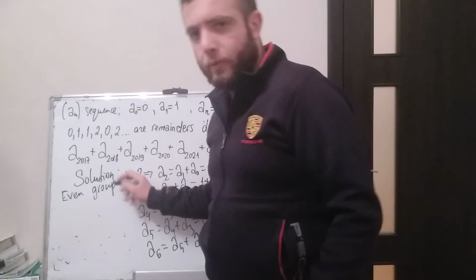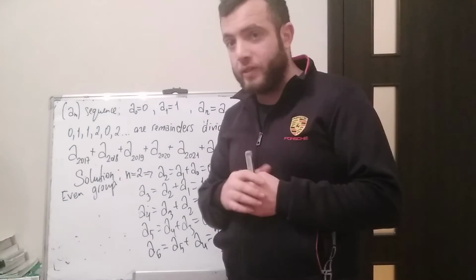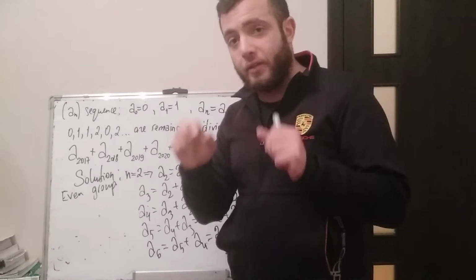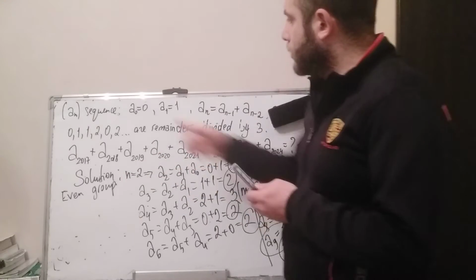By even group, I mean terms of the sequence with the even indexes. So A0 was, of course, 0, is also even, so it is 0.